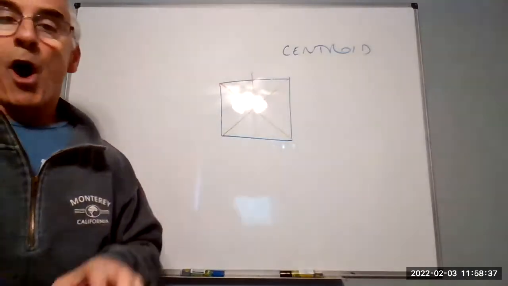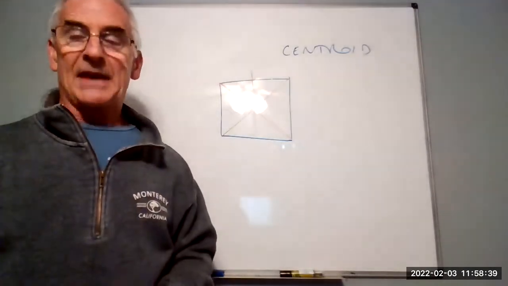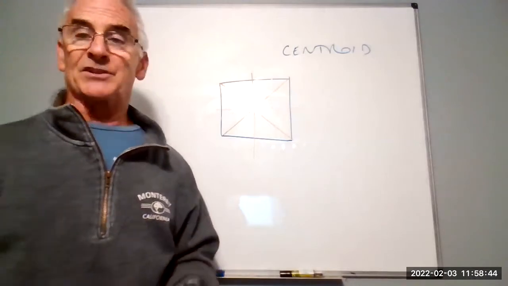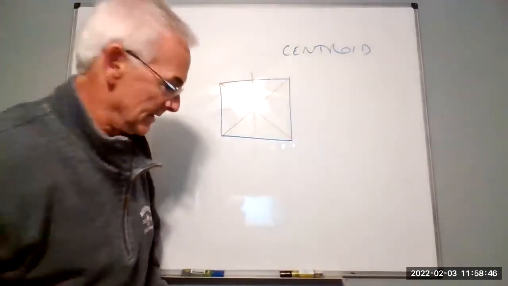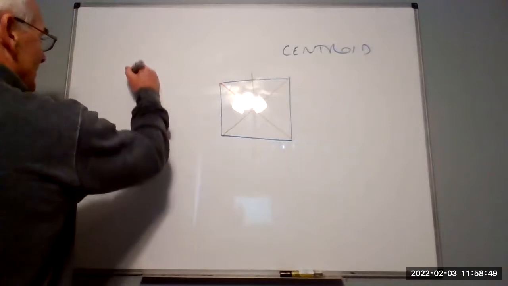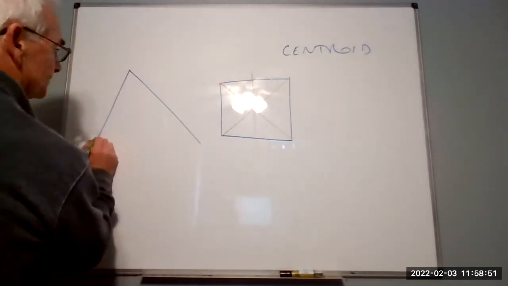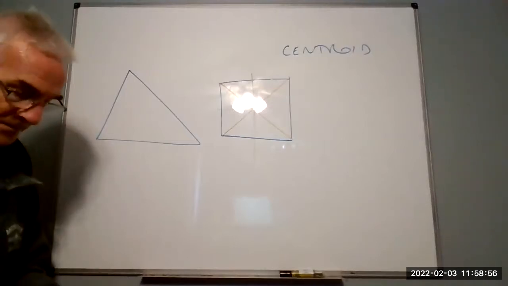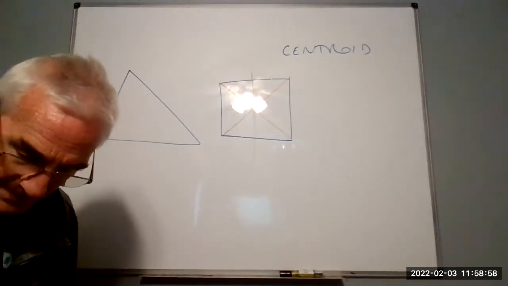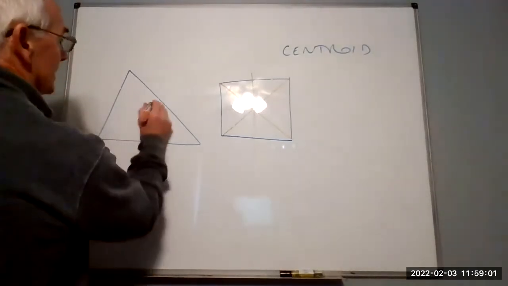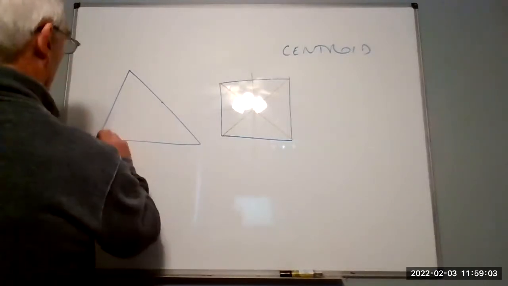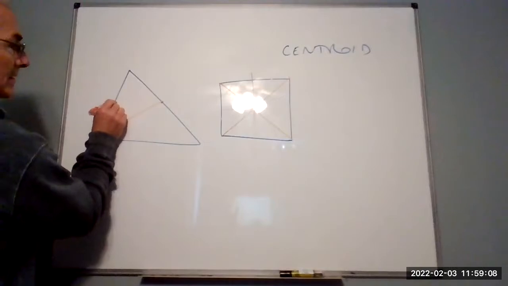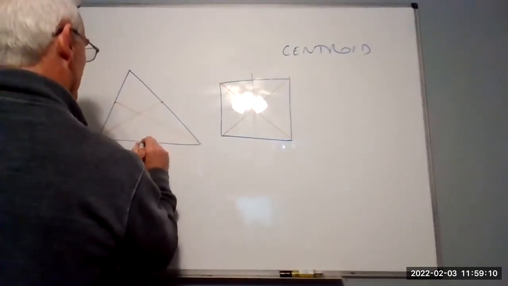As it turns out, all polygons have centroids that are relatively simple to find if there are not too many sides. For example, a triangle: finding the centroid, if you remember from your high school geometry, if I just take a random triangle, the centroid of this shape is located by taking the 3 medians, each from a midpoint to the opposite vertex.